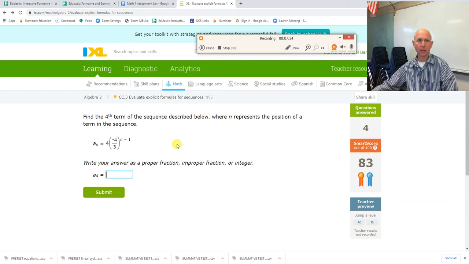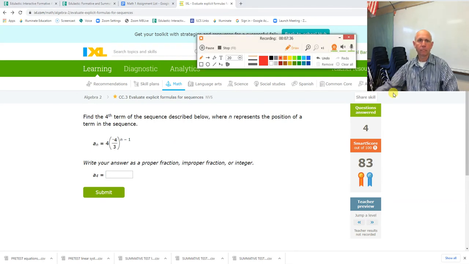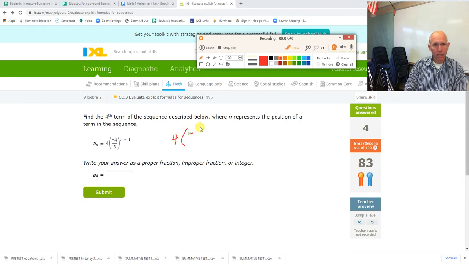Let's write something down here then. So what am I doing here? I'm doing 4 times negative 4 thirds to the n, 4th term, minus 1. So I'm doing 4 times negative 4 thirds to the 3rd. Okay, so what does it give me? This gives me negative 4 times negative 4 times negative 4.